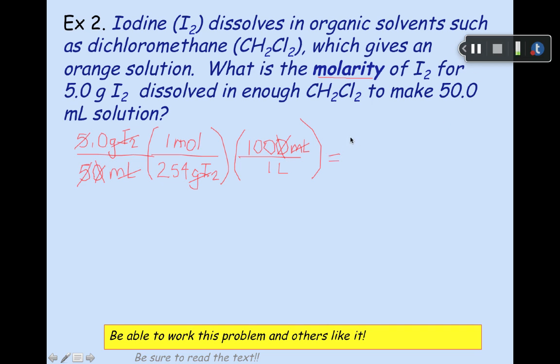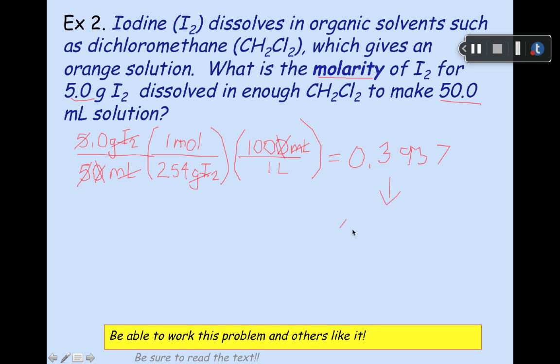Always be sure you can do these on your own calculator, because that's where it's going to be when it comes to an exam. The answer that my calculator displays is 0.3937. Oh, that's too many digits. You know you don't want that many. So look back at this question and recognize that the iodine was given as 5.0 grams, so that limits us because that's fewer digits than the 50 milliliters.